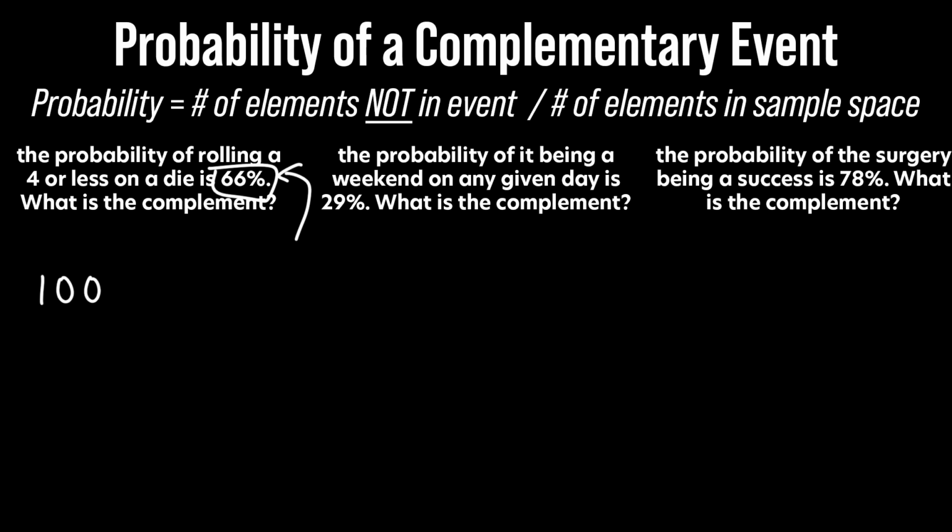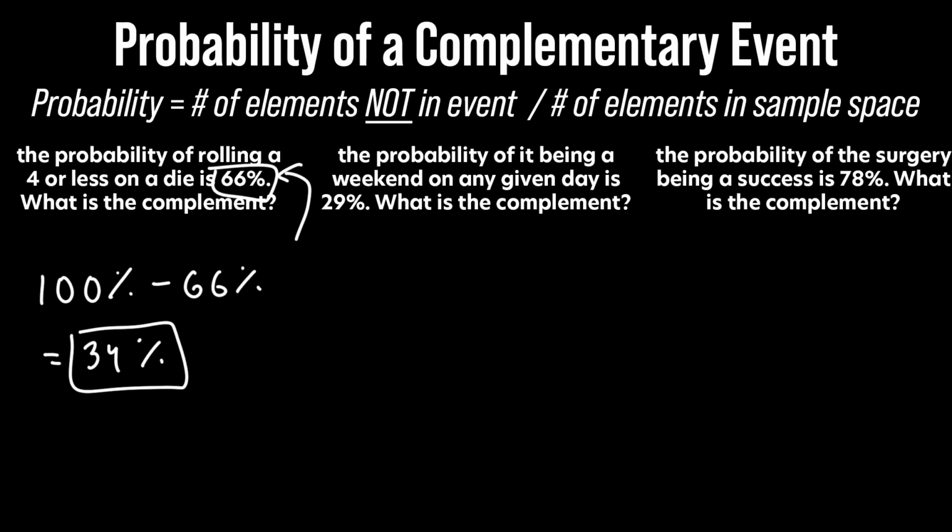Since we know that the probability of any event is out of 100%, we take 100% and we subtract the probability of the given event, which is 66 in this instance, to get our answer. So 100 minus 66 is 34. So the complement is going to be 34%. The probability of not rolling a 4 or less is 34%.